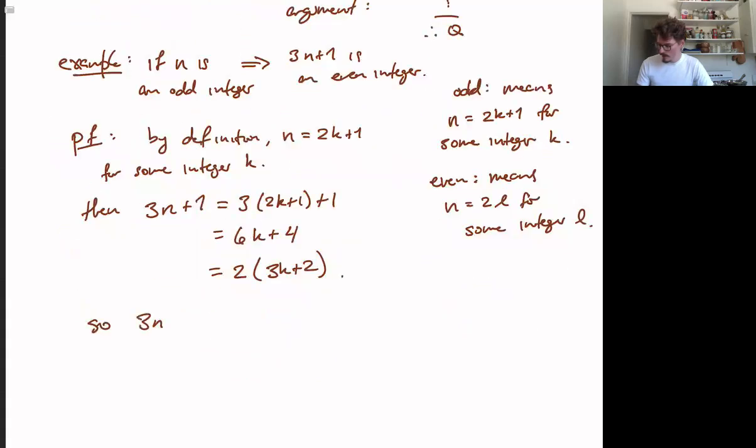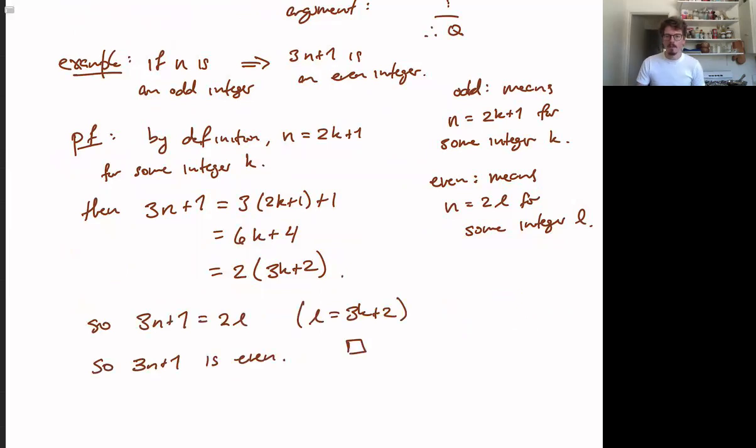So 3n plus 1 is 2l, where l is equal to this thing. So it's even. Okay. And it's traditional, if you like, to put a little box to denote the end of a proof. Proof complete.